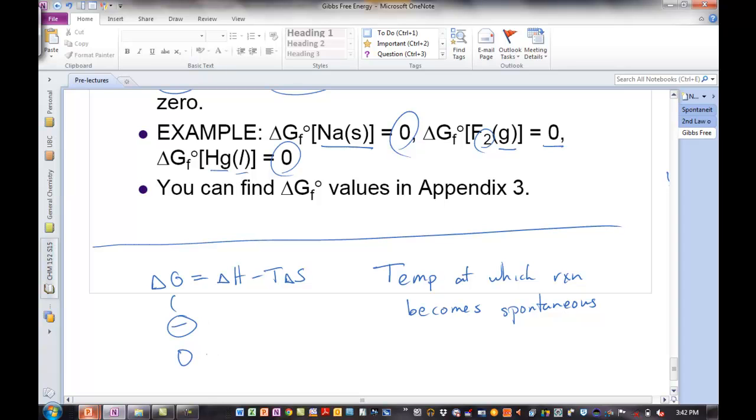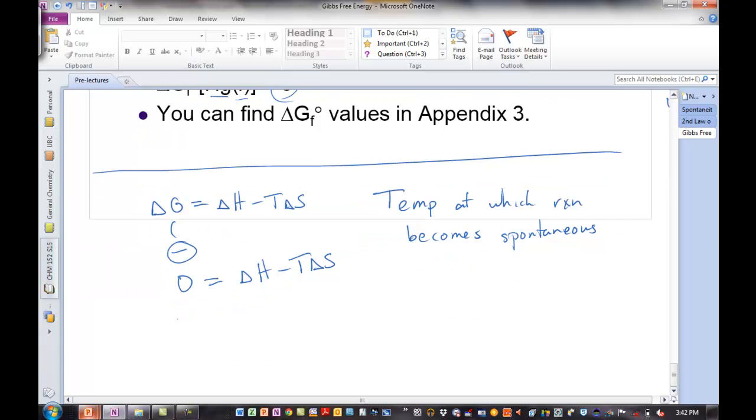So if we set delta G equal to 0, we can then rearrange this equation, bring T delta S over to this side of the equation, and solve for temperature. Delta H divided by delta S. Now remember, this is system or reaction in both cases. So for the temperature-dependent situations, and make sure you know what those are, we can very quickly solve for the temperature at which a reaction becomes spontaneous.